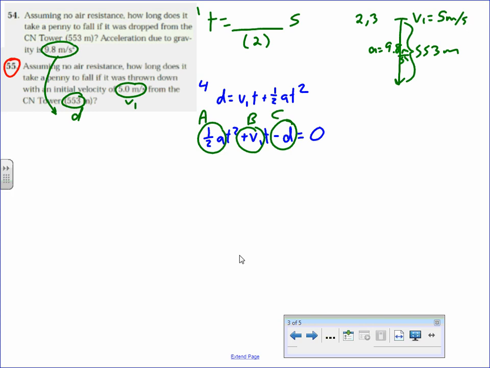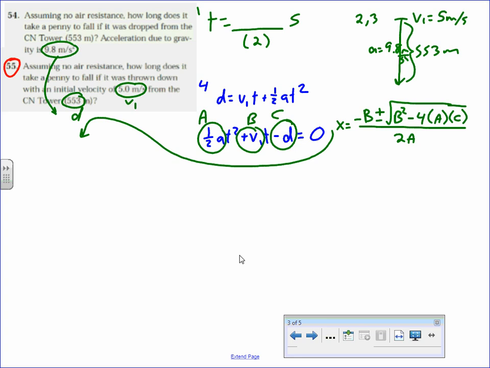Quadratic formula is x equals negative b, I'm using capital letters to differentiate the acceleration, plus or minus the square root of b squared minus 4ac all over 2a. So we're going to replace those bits of information. I'm going to bring this all the way over to the other side where there's a little bit of room.